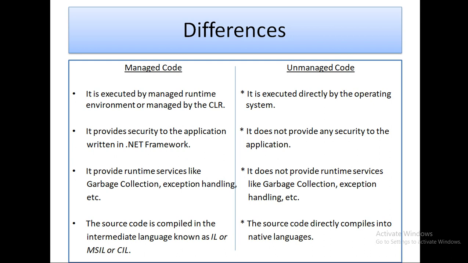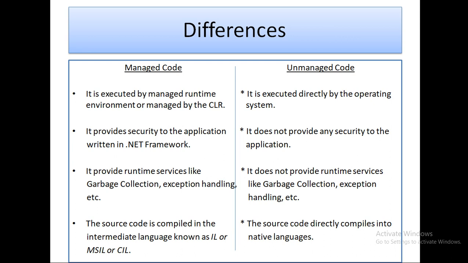Second, managed code provides security to the application, while unmanaged code does not provide security to the application, right? And third, managed code provides runtime services like garbage collection and exception handling, etc. There are many more, and those services are not there in unmanaged code, right?